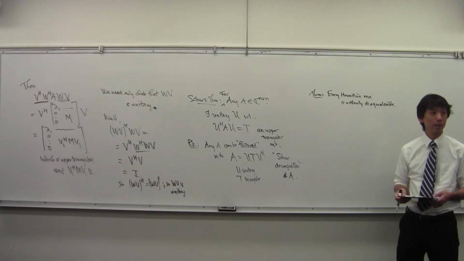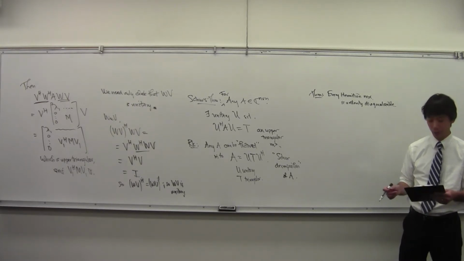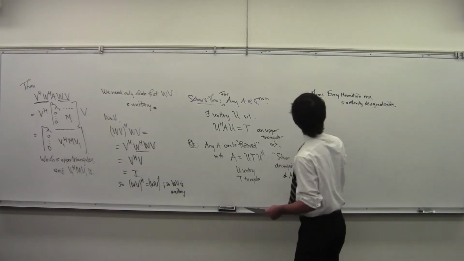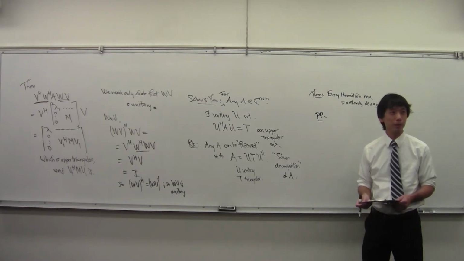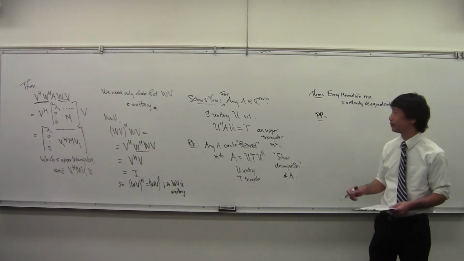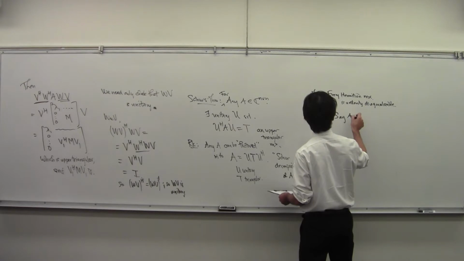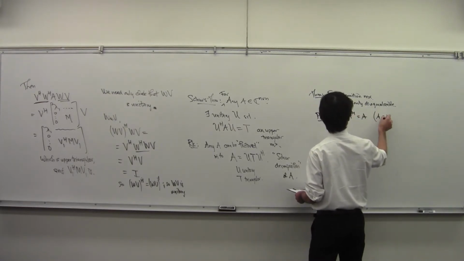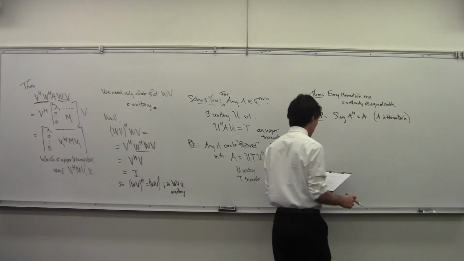Now we're saying that every Hermitian matrix is unitarily diagonalizable. The spectral theorem is actually an immediate consequence of Schur's theorem. It'll take us about 1 minute to write up. So suppose that A is Hermitian.